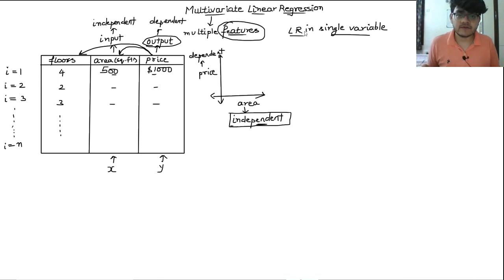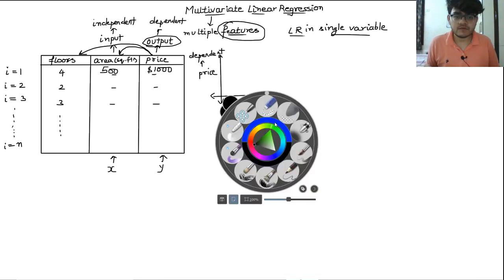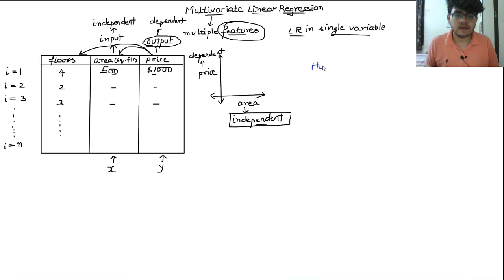So now we are going to see what will be our hypothesis function in case of linear regression with multiple features, right? We have studied h(x) in case of a single variable, h(x) was equal to theta 0 plus theta 1 x. So think about it, what should be the hypothesis function in case of multiple features?